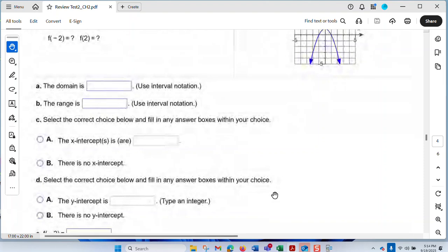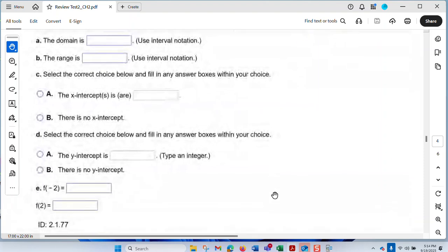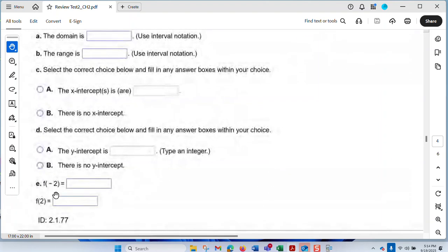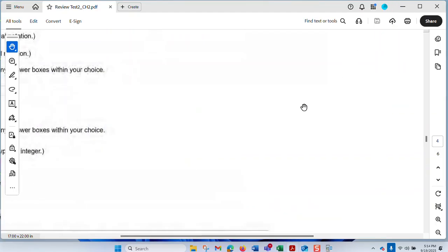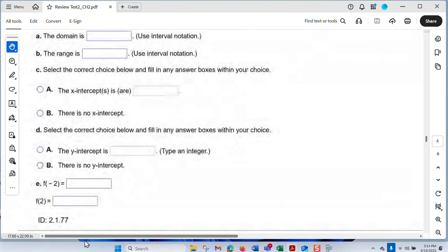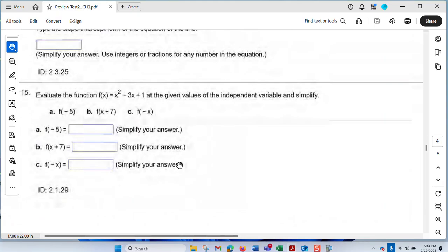Okay, we also need to read the graph for f of -2 and f of 2. All right, so let's see, where's my f of -2.